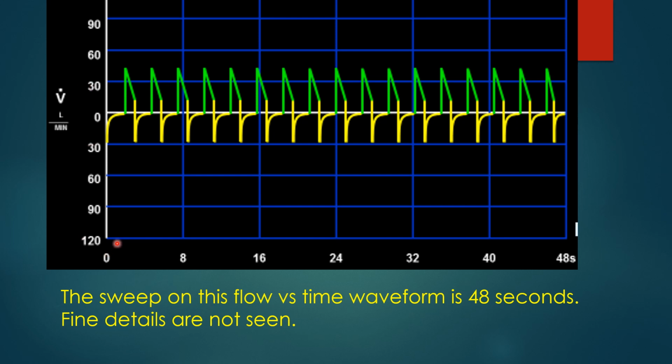On this axis, in this example, we see a 48-second sweep, and these are not 1 second, these are 8 seconds, 16 seconds, 24, all the way up to 48 seconds. And you notice here that these waveforms are bunched up real close together, and it's hard to see the fine details that you need to be observing when you're trying to analyze your waveforms.